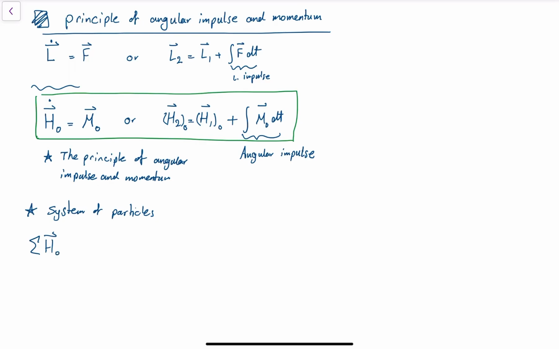The total angular momentum of the entire system equals all the external moments acting about that point O, or in the integral form, the sum of all angular momentum about point O at a later time equals the sum of the system's total angular momentum at time 1 plus the integral of all external moments, or the external angular impulses.